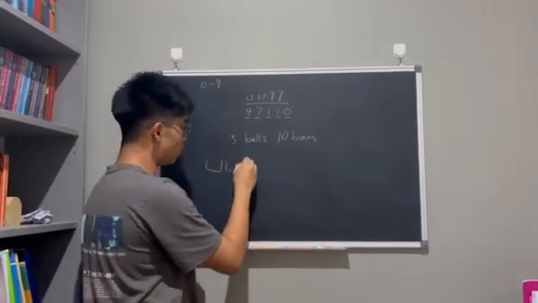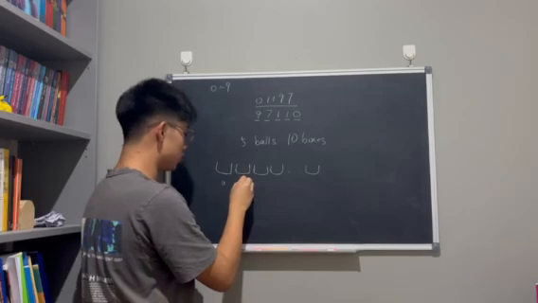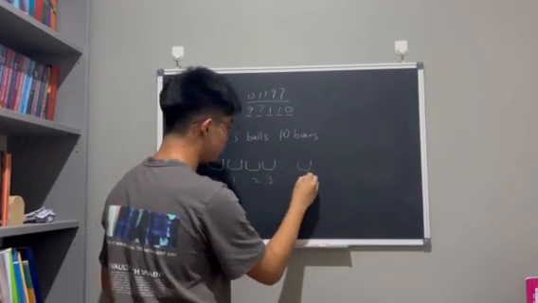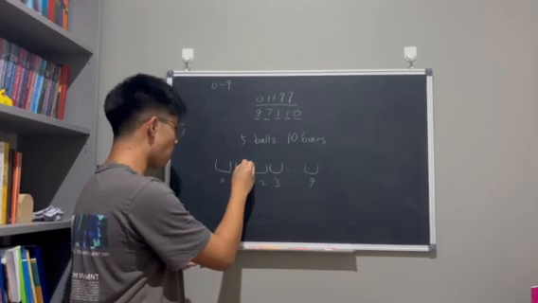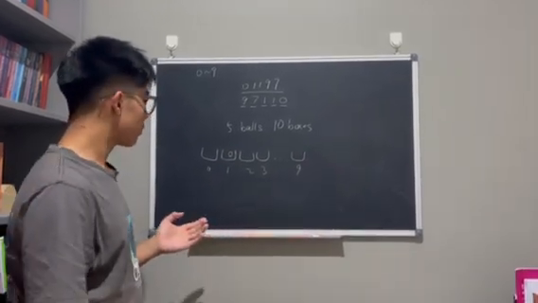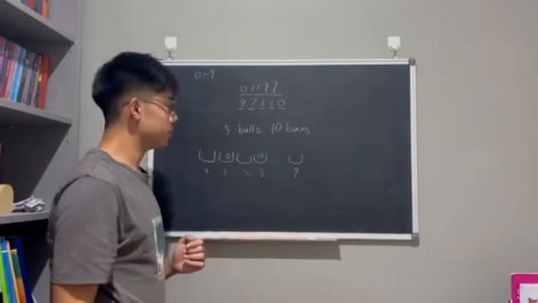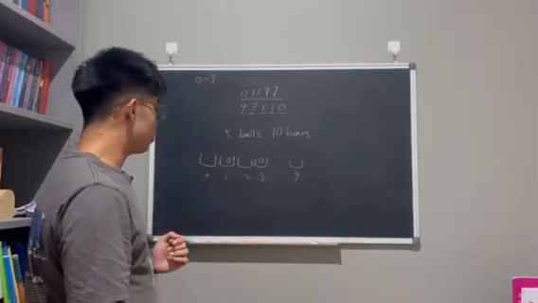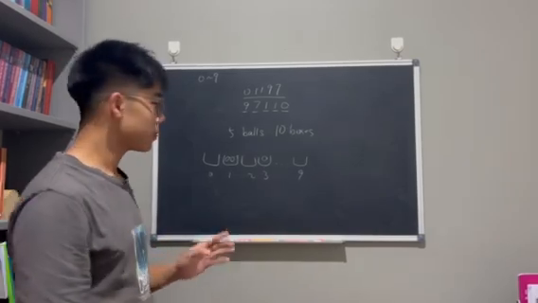So if we have 10 boxes here, representing digits 0 to 9, if I put a ball in the box labeled 1, that would mean I chose 1. If I put a ball in the box labeled 3, that would mean I chose 3. If I put 2 balls in the box labeled 1, it would mean I chose 1 twice.